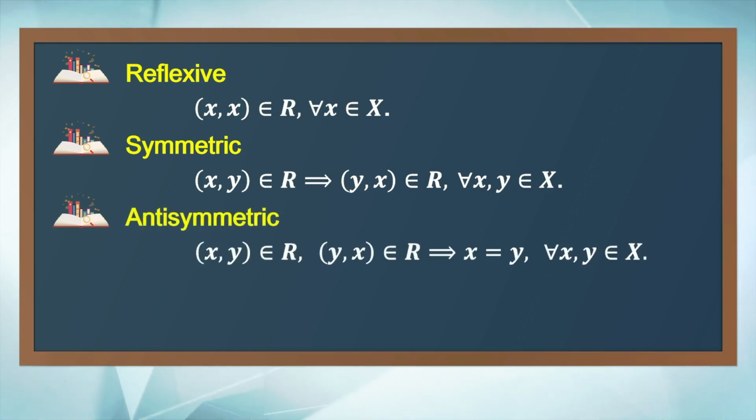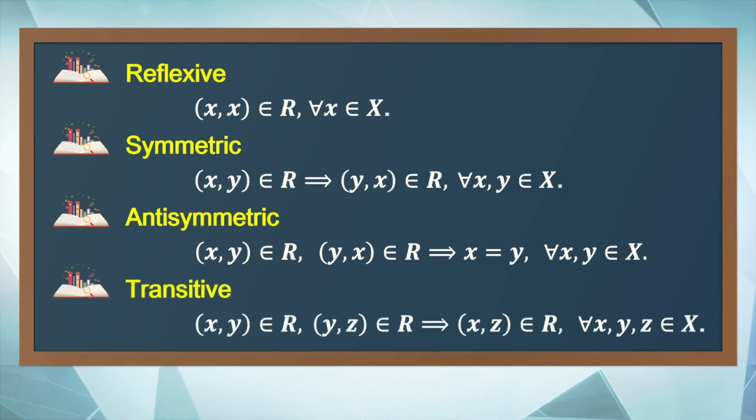A relation R on a set X is called antisymmetric if x is related to y and y is related to x implies that x equals y. A relation R on a set X is called transitive if x is related to y and y is related to z implies that x is related to z.